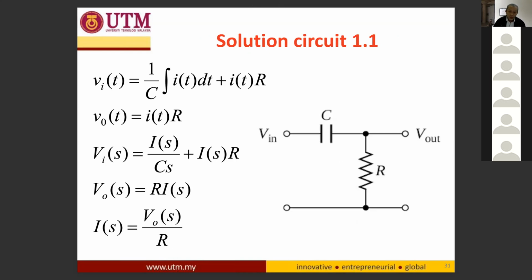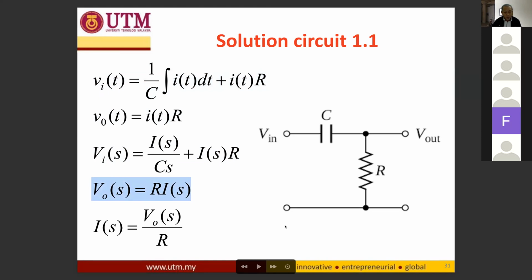You are given an RC circuit, where you are required to derive the mathematical model, which is V out over V in, to see the relationship between the output and the input. We model it using Kirchhoff voltage law for loop number 1 with V in, and Ohm's law at the output, and then we take the Laplace transform for V in and V out as well.